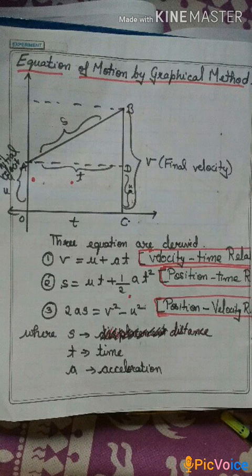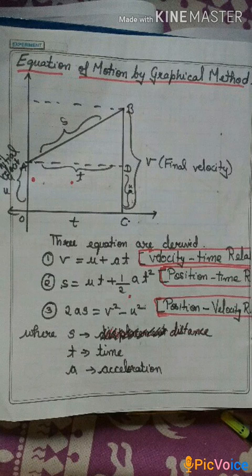This equation is for the position-time relation. The third equation is 2as = v² − u². This equation is for the position-velocity relation, where s is the displacement, t is the time and a is the acceleration.